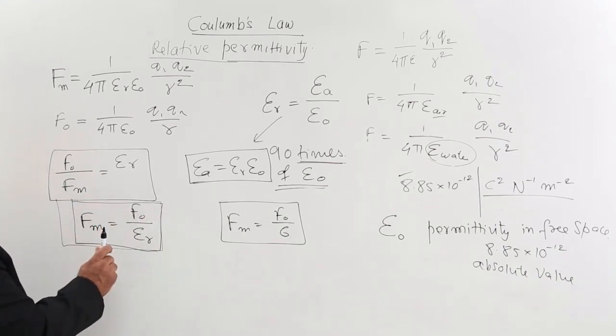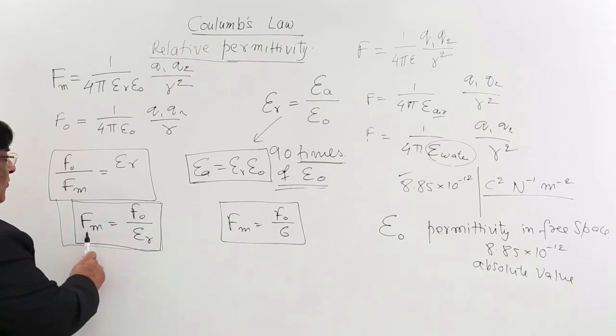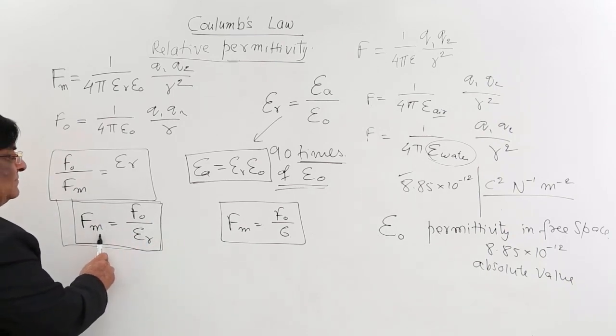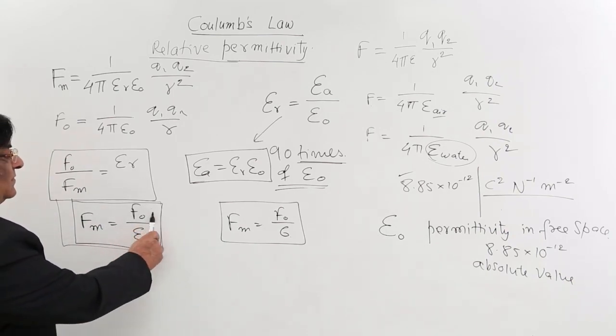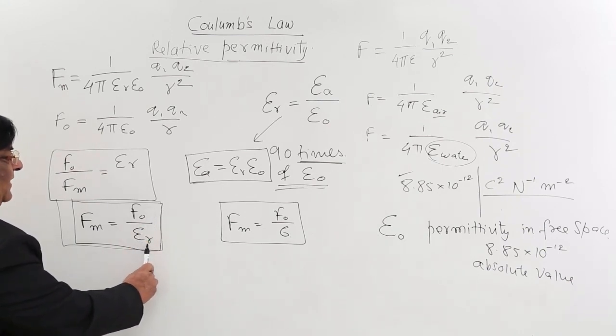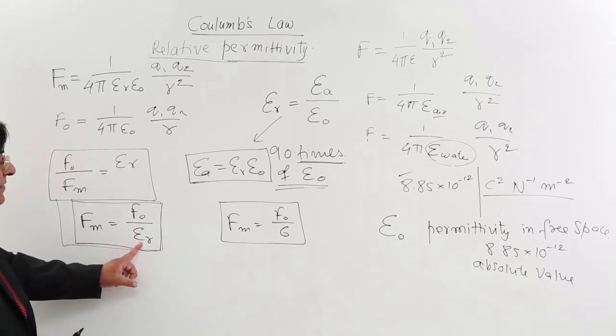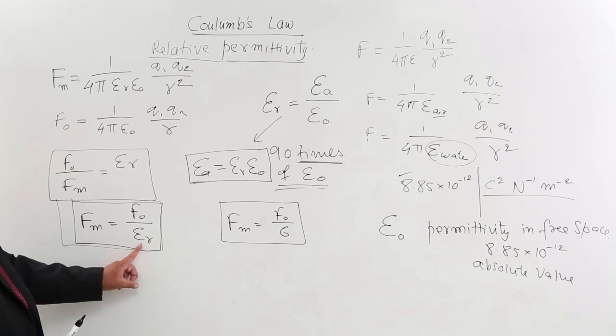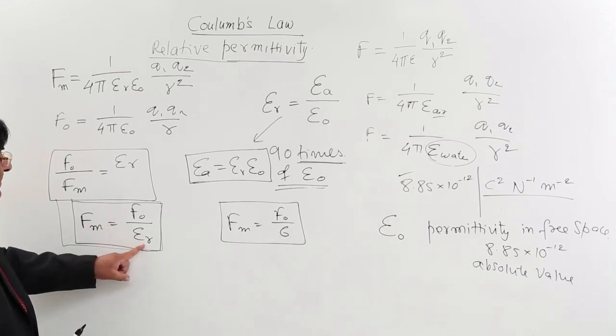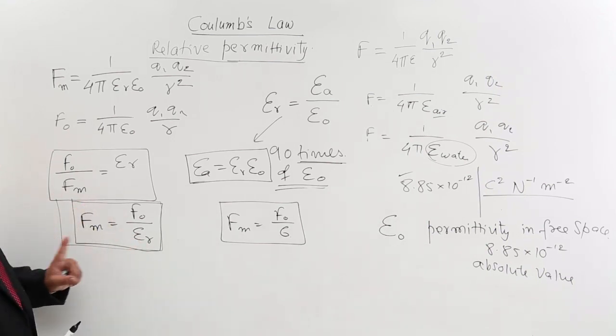So, finally, remember this equation; you will get numericals for this. The force in a medium is the force in free space divided by relative permittivity. The more the relative permittivity, the less the force.